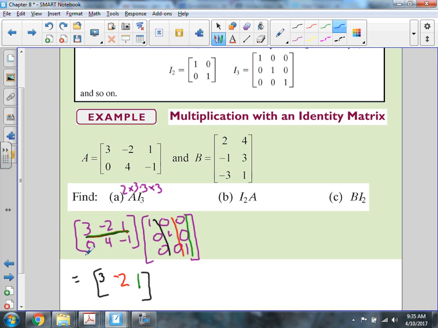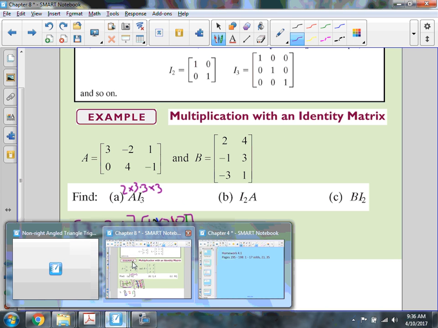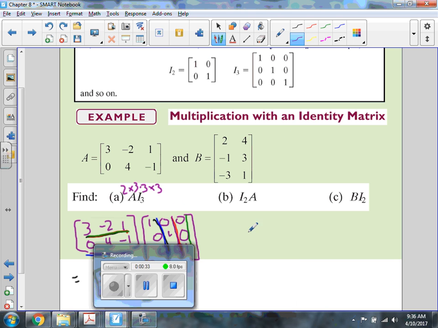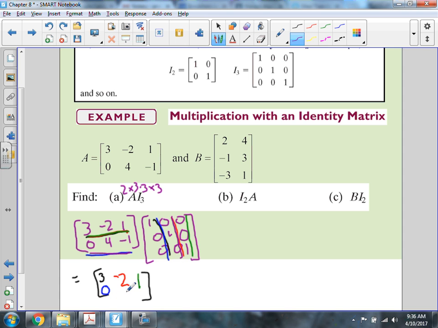So now I'm going to do row 2 times column 1. So I have 0 times 1 is 0. 4 times 0, negative 1 times 0. Beautiful. Now I do row 2 times column 2. 0 times 0, 4 times 1. Oopsies. 4. And then, let's see, negative 1 times 0 is 0.